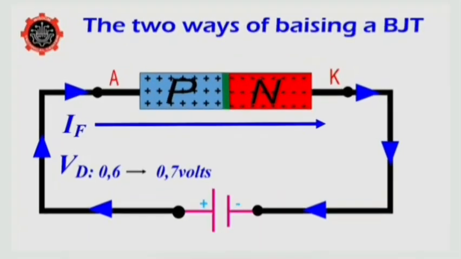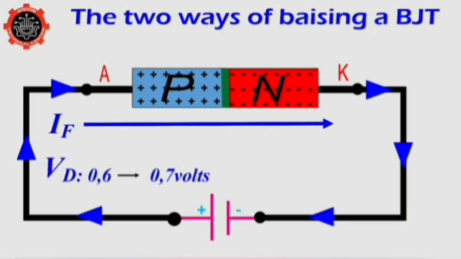So here we have a typical diode, and this is the PN junction of this diode in green. Now the P part of the diode is called the anode, and the N-type region, or the N part, is known as the cathode.